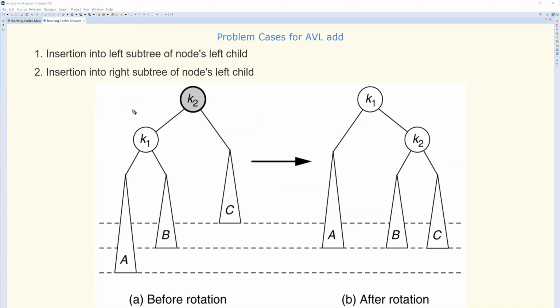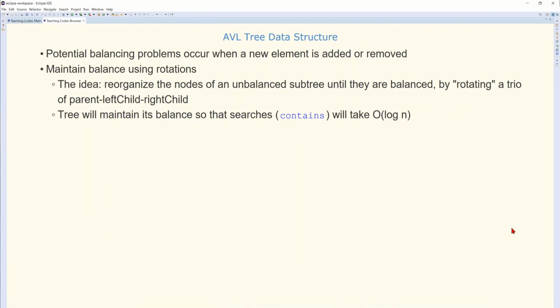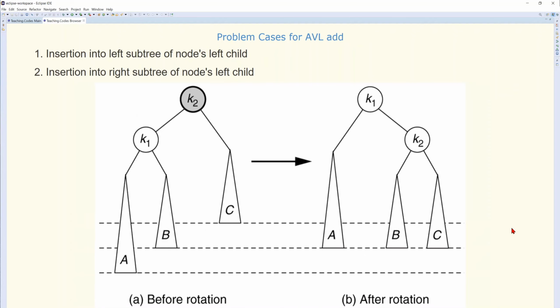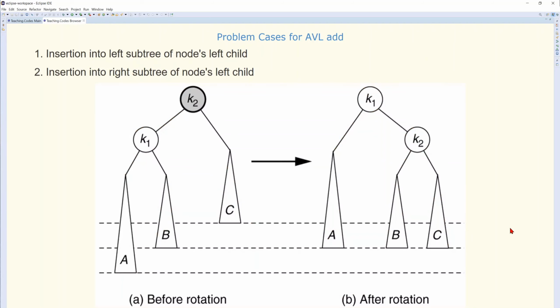Okay. So now let's look at case 4, which is just the symmetric of this. Case 4, sorry, is not drawn here, but case 4 would be just the symmetric: you're inserting to the right of the right child.